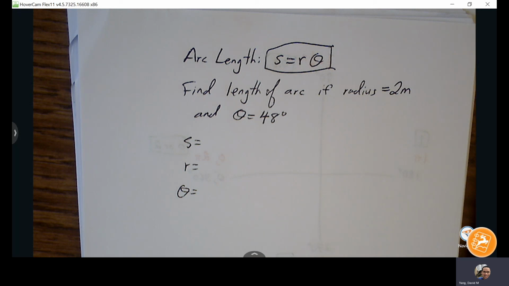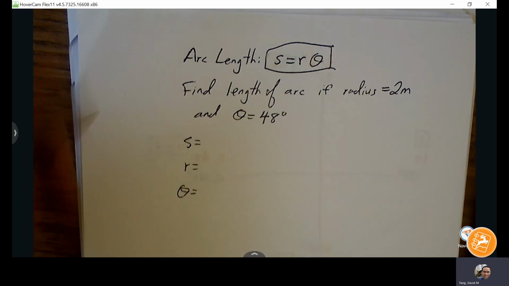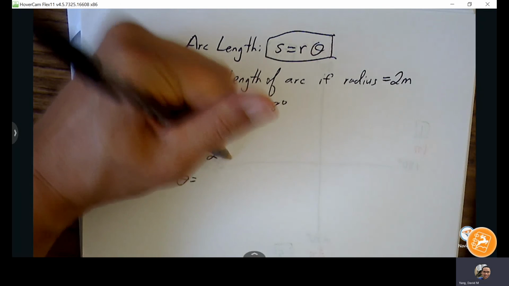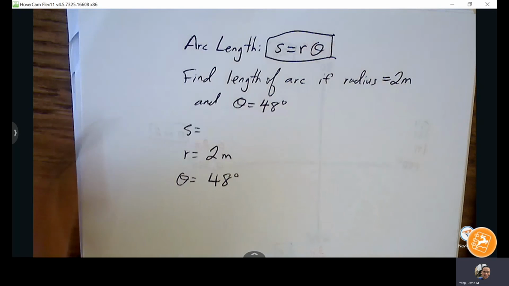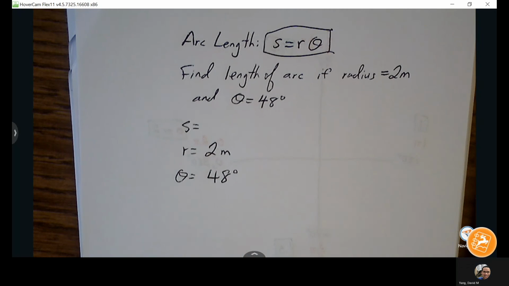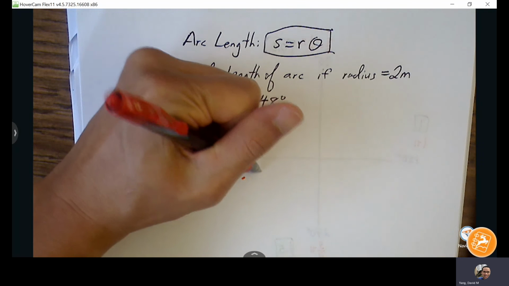What is the restriction for this formula? Theta has to be in radians. So if your theta is not in radians, you've got to convert it to radians before you can use the formula. I know I'm solving for s, I know what formula I'm using, but that theta needs to be adjusted first.